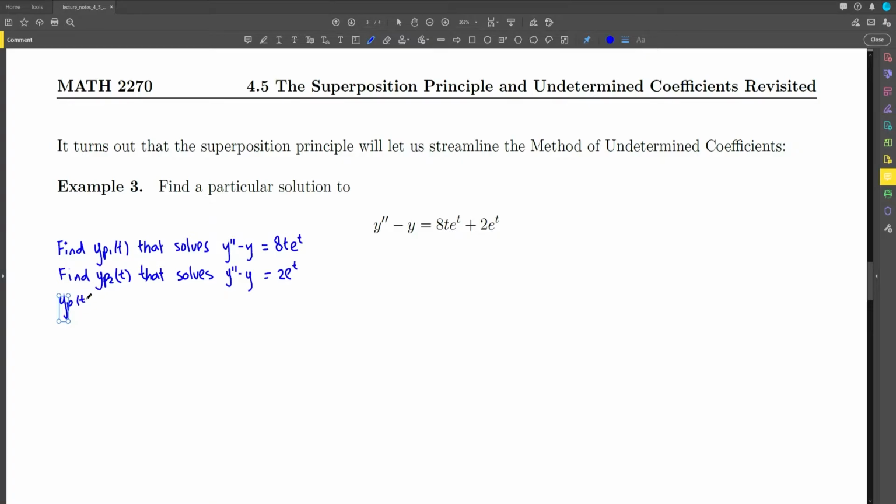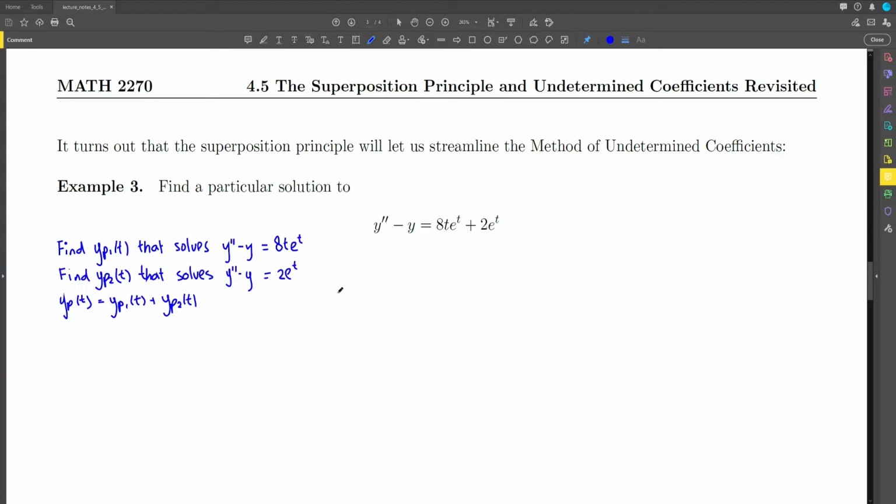Yp of t is then yp1 of t plus yp2 of t using the superposition principle.